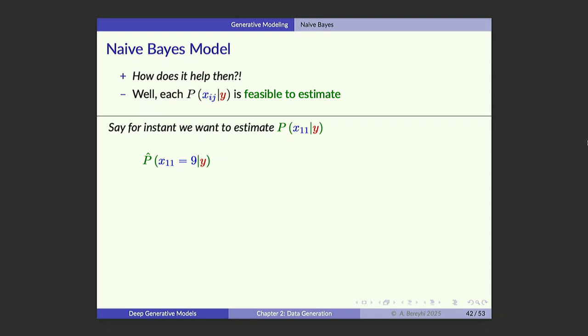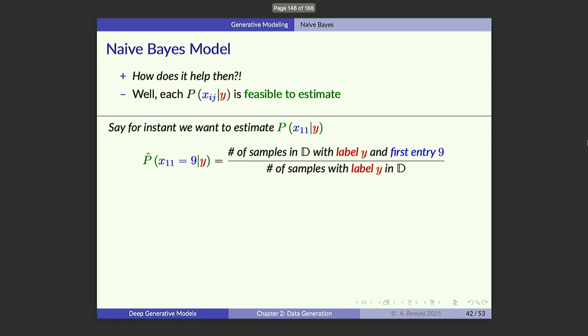This is possible if you have lots of samples. Now, the point here is that your denominator is the number of samples with the label that you have. The numerator is the number of samples with the same label whose first entry is 9, and it might be another image, not the image that you are trying to classify, and that guy is going to be counted as well.